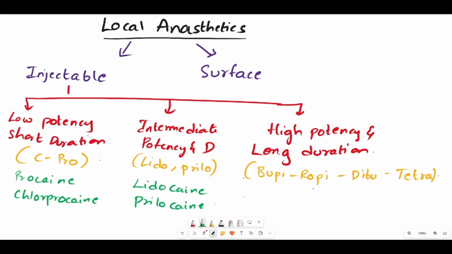And coming to high potency and longer duration, Bupi means it is Bupivacaine. Ropi means it is Ropivacaine. And Dibu means it is Dibucaine. Tetra means it is Tetracaine.